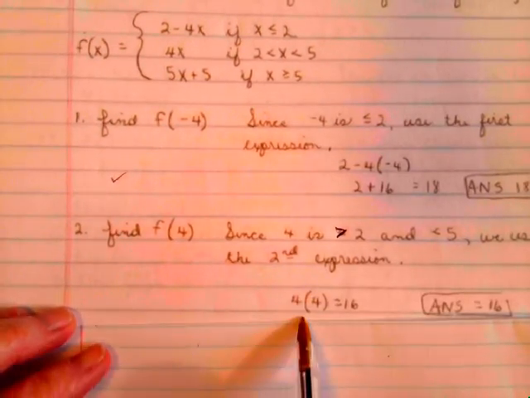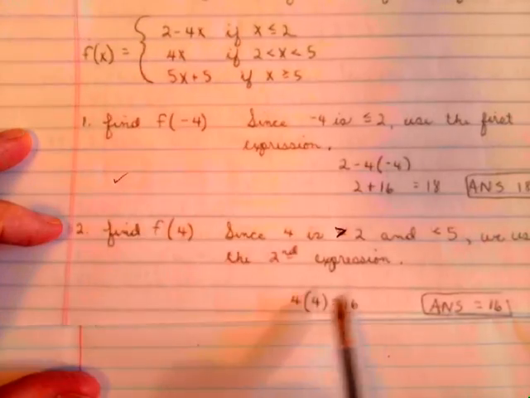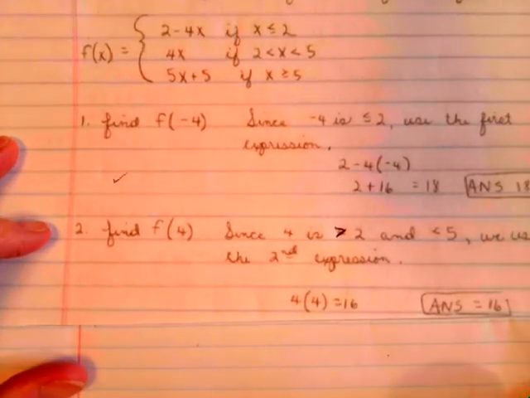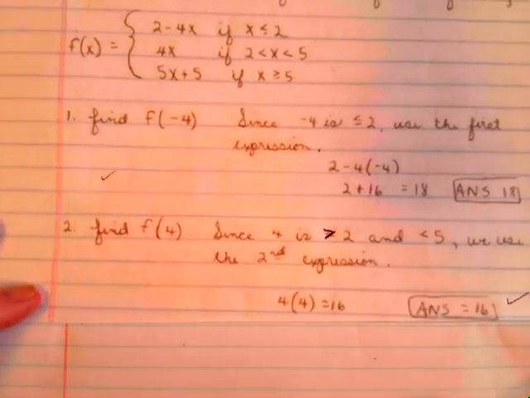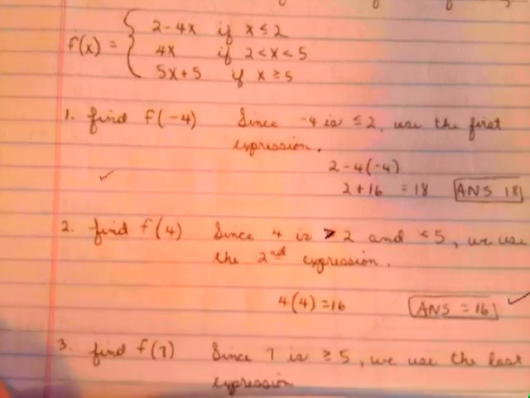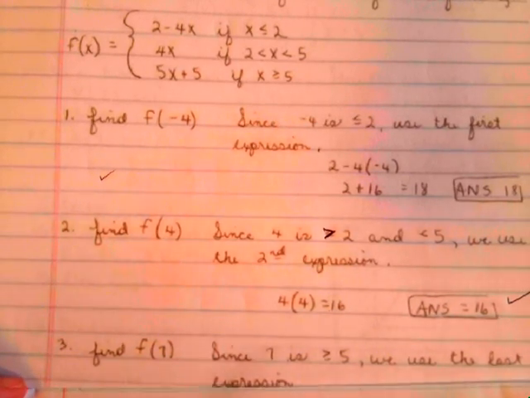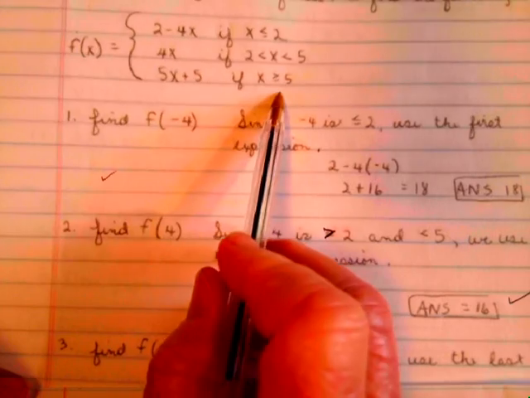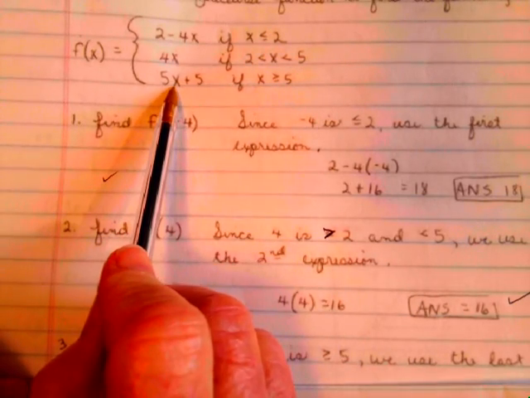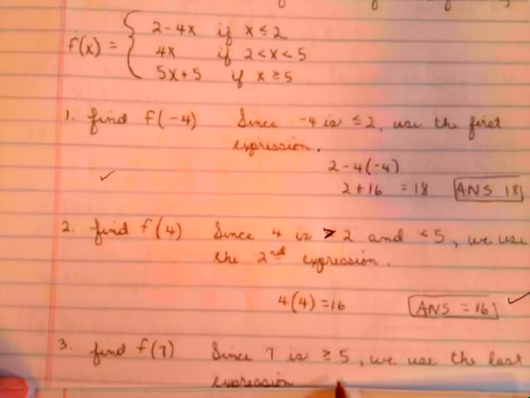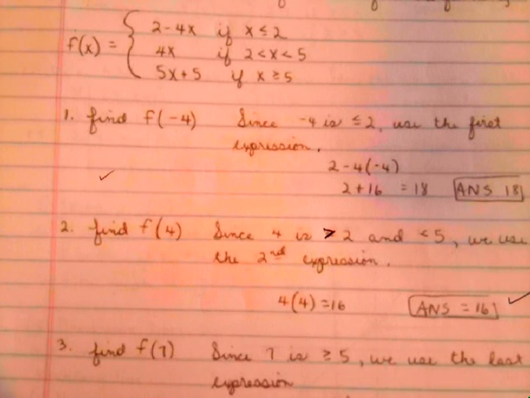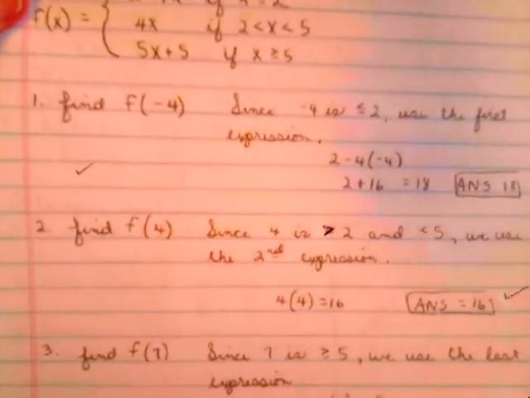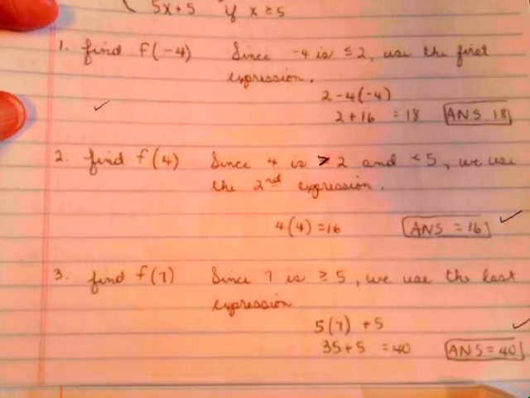Substitute 4 in place of x right here. 4 times 4 is 16. Answer is 16. Find f of 7. 7 is greater than 5. Substitute 7 into the last expression. 35 plus 5 is 40. Got my answer. So you're just looking at these numbers and deciding which one of these expressions to substitute that into for the value of x.